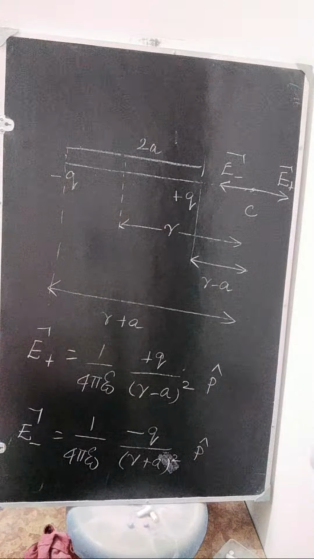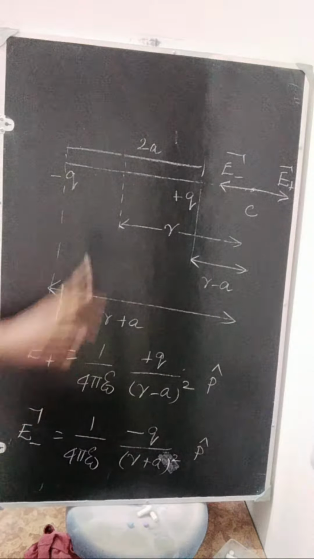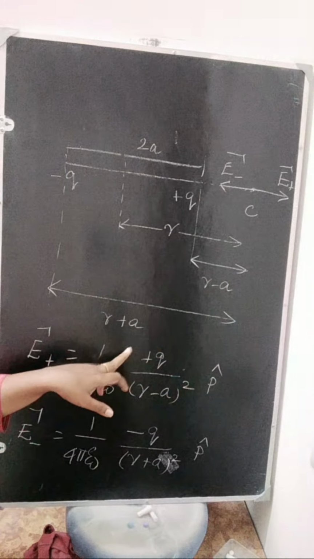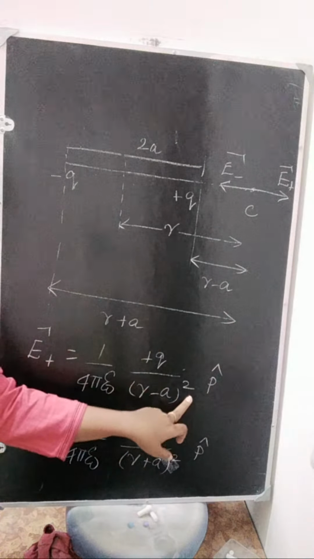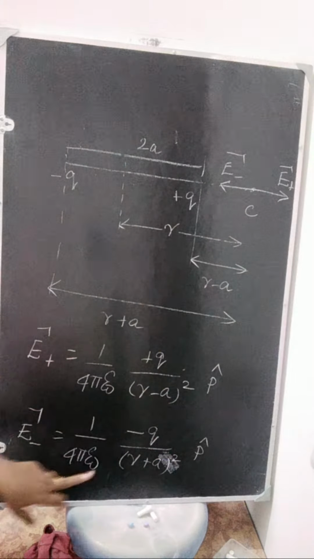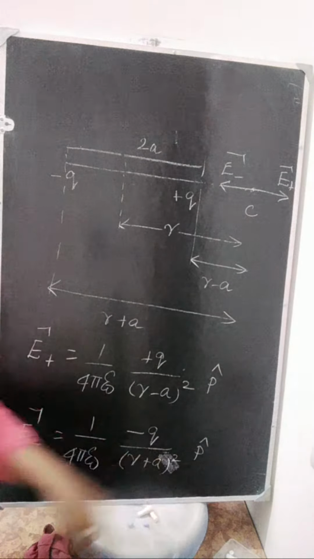So what is the distance? Plus Q is located at the distance R minus A, and minus Q is located at the distance R plus A. So 1 by 4 pi epsilon naught plus Q divided by R minus A the whole square, and 1 by 4 pi epsilon naught minus Q divided by R plus A the whole square into P cap.